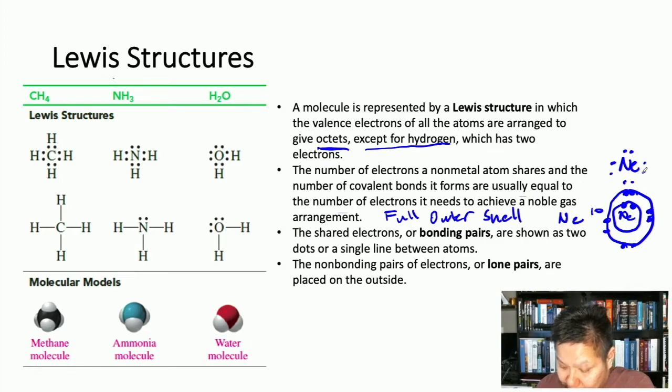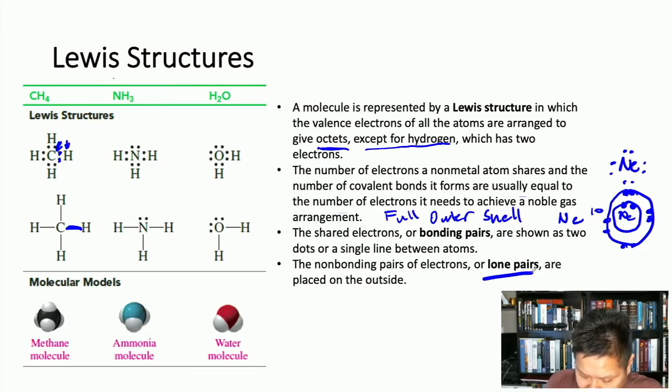The shared electrons or bonding pairs are shown as 2 dots or a single line between atoms. So you can see here we have a bond between carbon and hydrogen, and it is shown as either 2 dots or a line. And then non-bonding pairs of electrons, also known as lone pairs, are just outside.